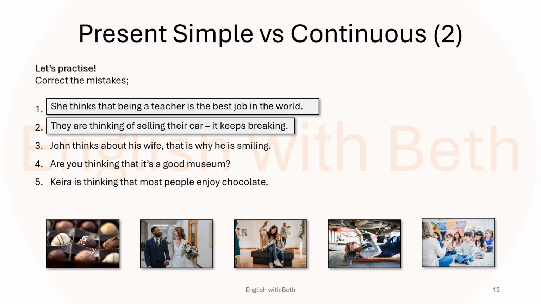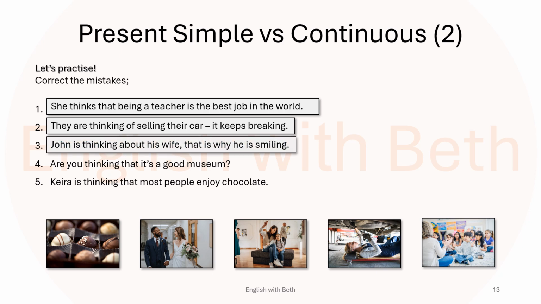Here, thinking means considering or planning something, so we have used present continuous. John is thinking about his wife. That is why he is smiling. Here, again, thinking is the action. It's not a belief or opinion, it's an action, so we have used present continuous.